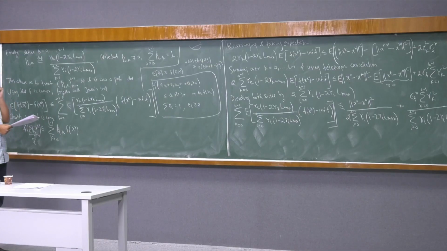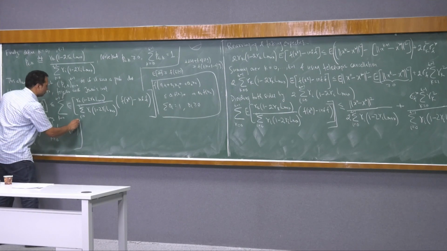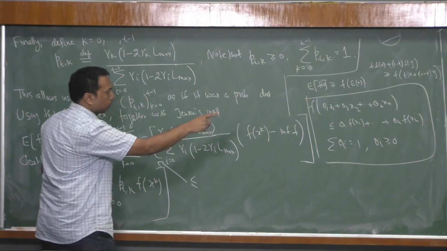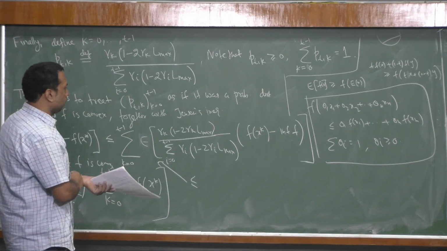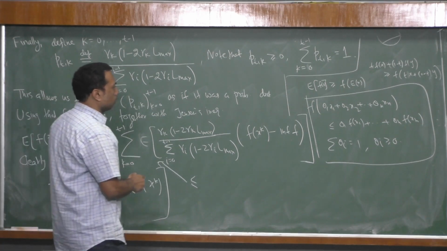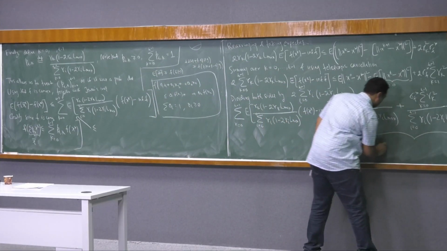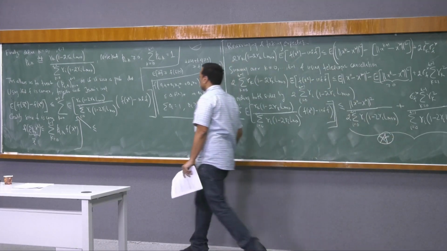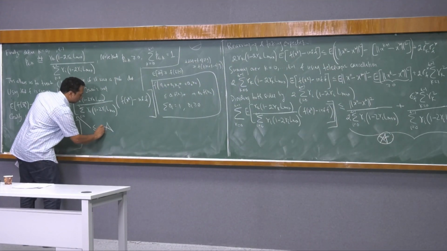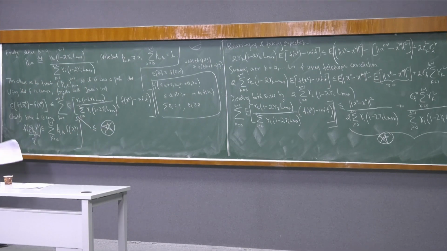So the last line is what we need. So this guy is further less than or equal to that last guy. So that's equal to this. And that's the proof for the SGD algorithm.